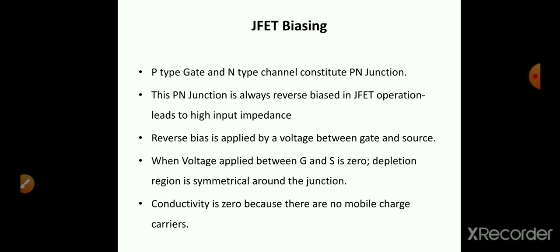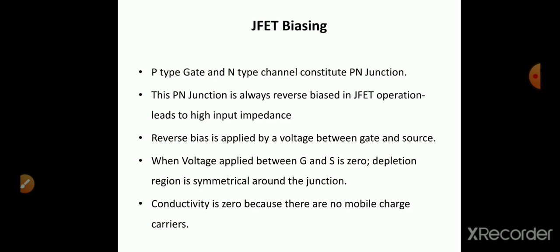When we reverse bias the PN junction, it provides very high input impedance, because we are giving input to the gate terminal, and reverse biasing is provided at the gate terminal. Due to this reverse biasing, very high input impedance occurs at the gate terminal. This very high input impedance is the main advantage of JFET.